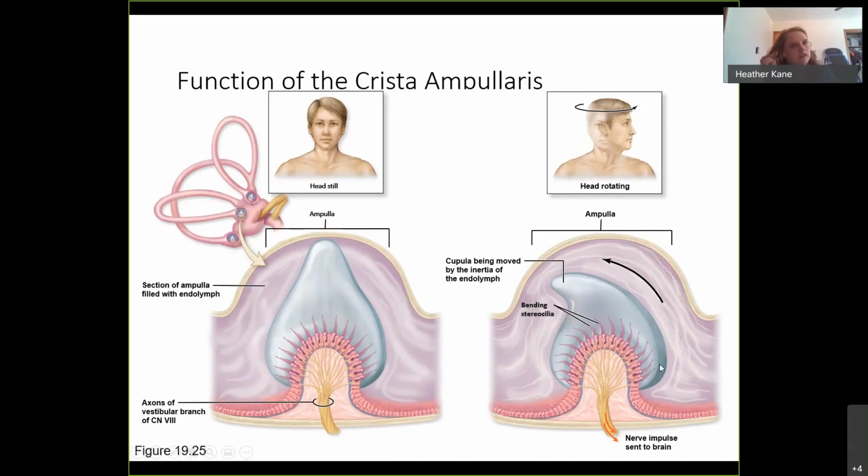That's what allows us to have that sensation of spinning. The fluid on the outside of the cupula is called endolymph. There are many hair cells associated with these different neurons, and together those neurons create this nerve.